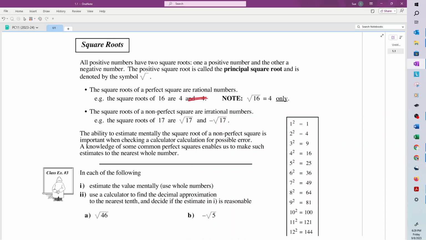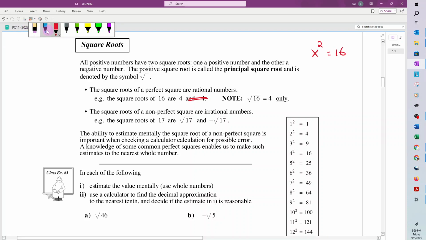If you're asked for the square root of a number, you give what we call the principal square root, and that's the positive number. On the other hand, and we'll see more about this later, if you have x squared equals 16, then you're going to take the square root of both sides.